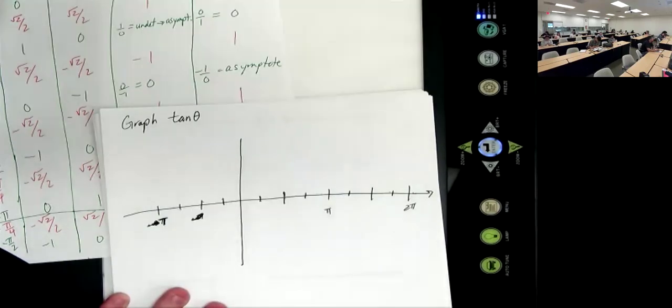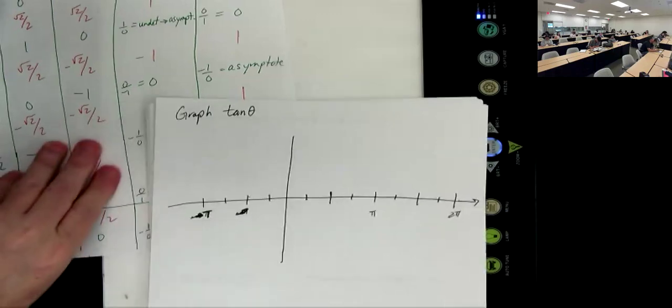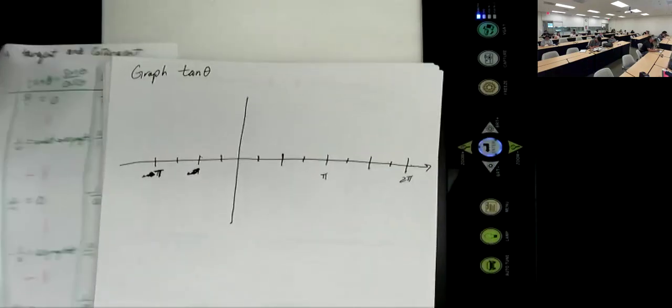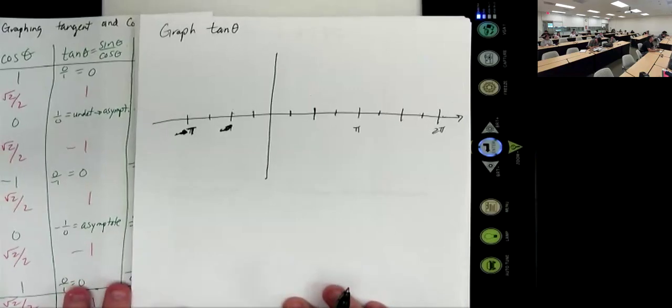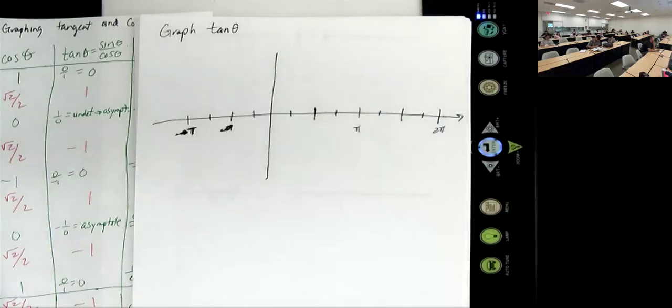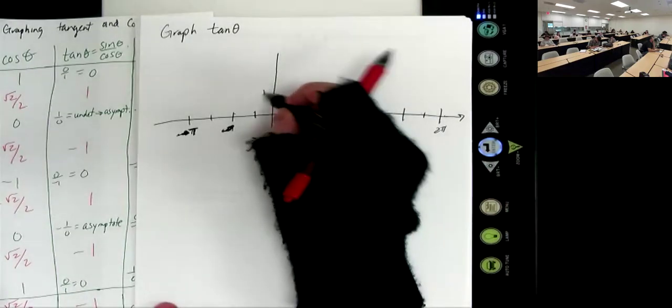Tiny marks in between. That is our tangent column. At 0, we had, I'm gonna put down the 1 for the vertical.